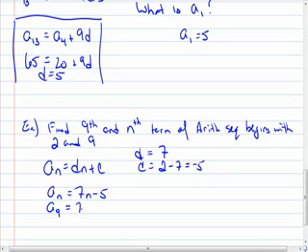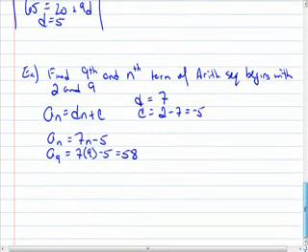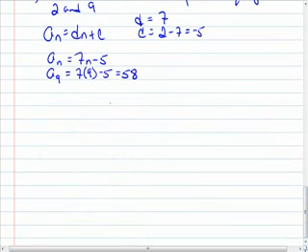So the ninth term is 7 times 9 minus 5, or 58. Piece of cake, right, Sarah?